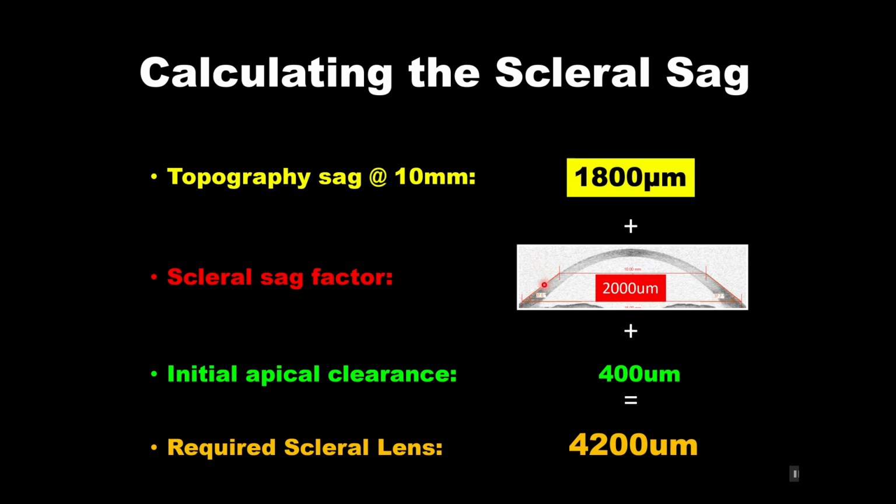We add that to the average scleral sag factor of 2,000 plus the apical clearance that you would desire between the lens and the eye surface. And that tells you the initial scleral lens depth that you should select from your diagnostic set. So this can be a very helpful manner to best choose your initial depth of scleral lens using a corneal topographer.